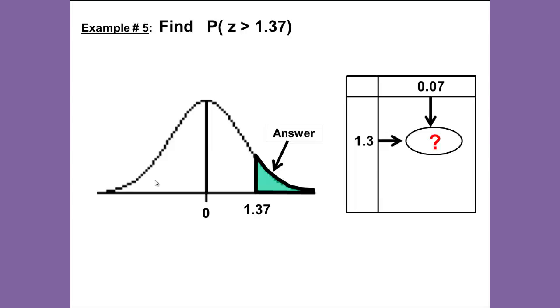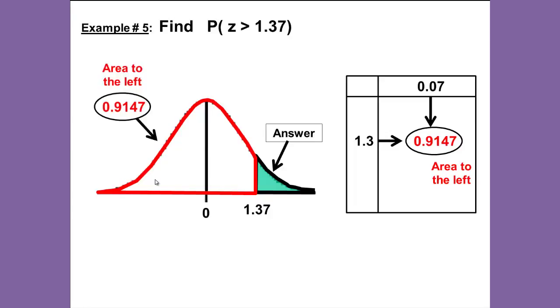Then go to your table, look up 1.3, then the 0.07. That gives us 0.9147. Notice that what we shaded was a very small area, and 0.9147 is a very large decimal, very close to 1. So it doesn't make sense that that would be the answer. But it's not. It's the area to the left.